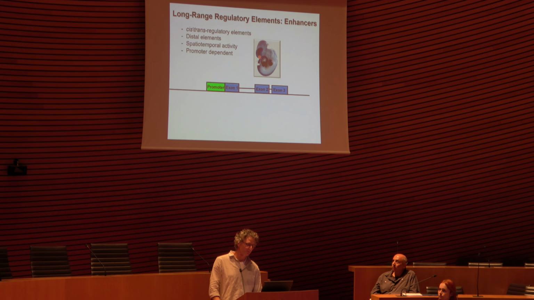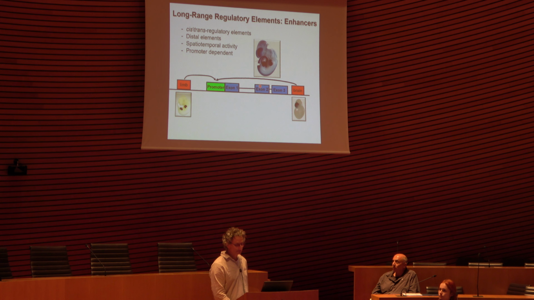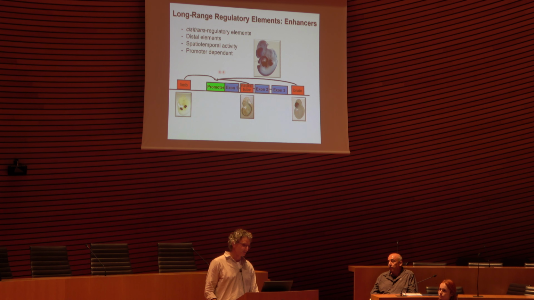Here you see in situ hybridization of where this gene is expressed, and basically there are 3 different enhancers that control the expression of this gene in each of these tissues. One enhancer controls the expression of this gene in the limb, one in the neural tube, and one in the brain. All together they give the expression of that gene in this mouse embryo.